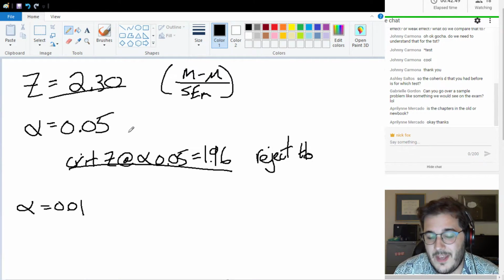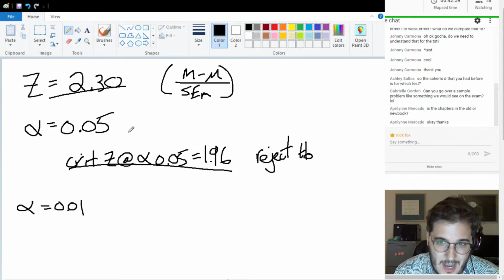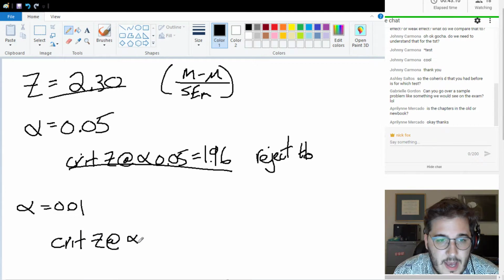Let's say that the risk of an error is very great. There's a problem with making an error. So you want to make it much more stringent. So in this case, the error rate is more stringent. And if you go and look at the critical value table, you can find that the critical value of z at an alpha of 0.01 equals 2.58.